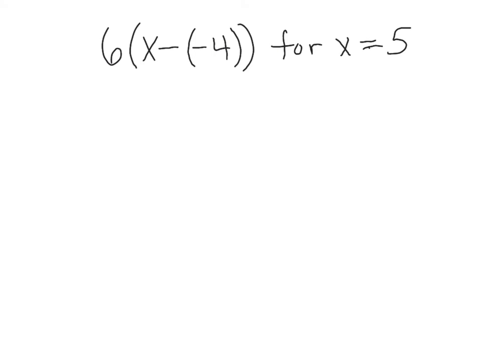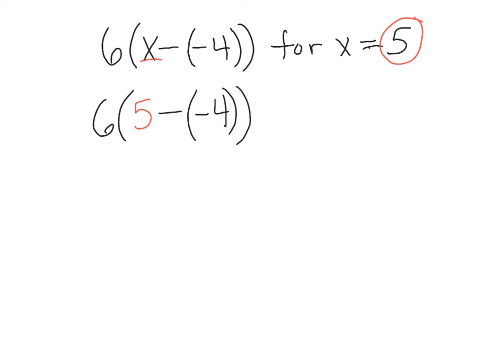Okay, remember I start by replacing my variables with my numbers. So I have 6 parentheses, and then x is 5. So I'm going to replace my x with 5 minus a negative 4. And now I can start calculating.